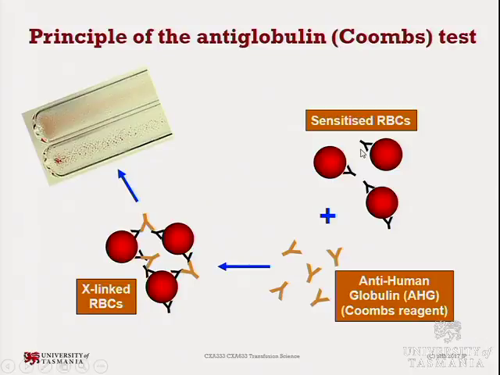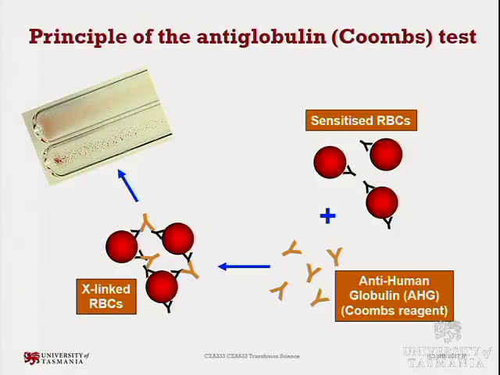agglutinate the cells. So what we then do to detect these antibodies is we raise an antibody against human antibodies in some non-human species. That's normally rabbits, sometimes sheep are used, sometimes even horses are used. And so what you do is you inject human immunoglobulin into a non-human species.